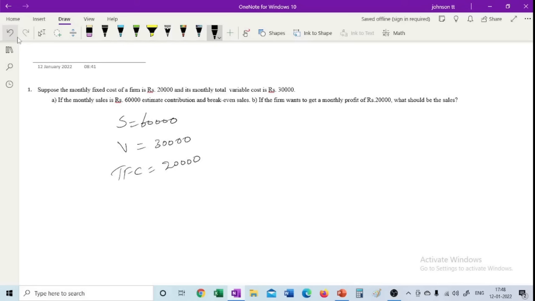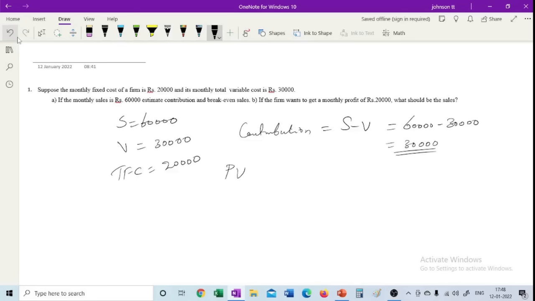Now the first part is, what is contribution? Contribution is total sales or total revenue minus total variable cost. So contribution is equal to S minus V, that is equal to 60,000 minus 30,000, is equal to 30,000. So contribution is 30,000, and if you want to find break-even sales, then again we have to find out the PV ratio.